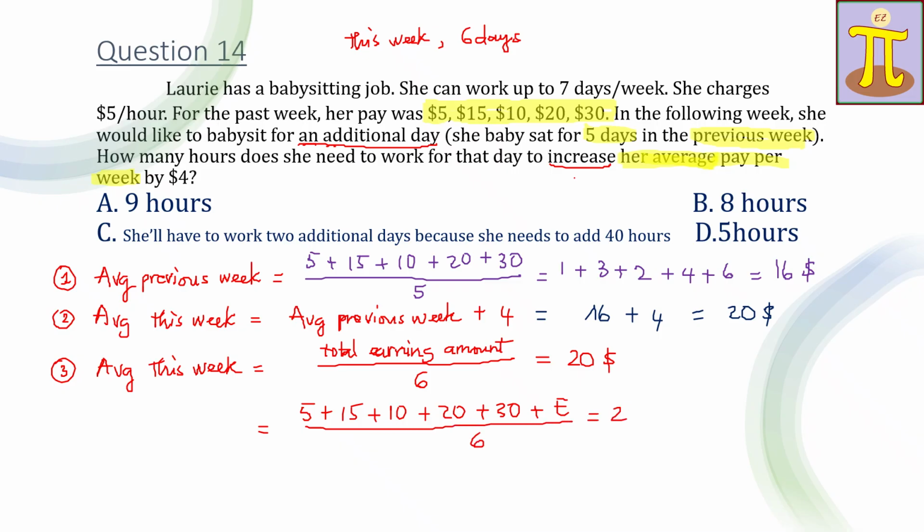That is $20. So we solve for this by adding all of this up, right? So 5 and 15 is 20, and 10 is 30, and 20 is 50, and 30 is 80. So we will have 80.